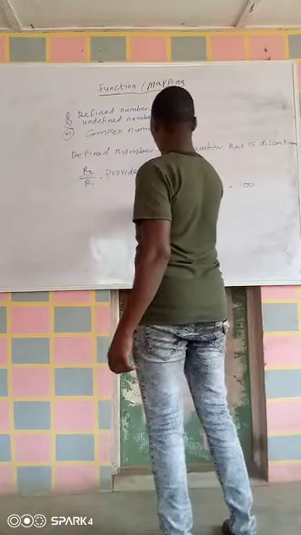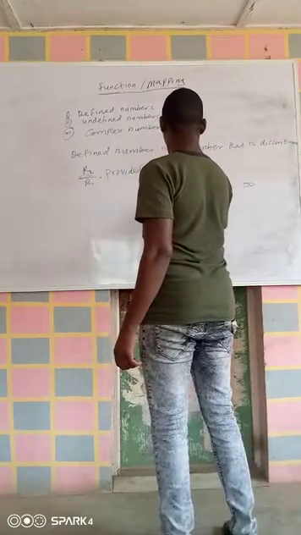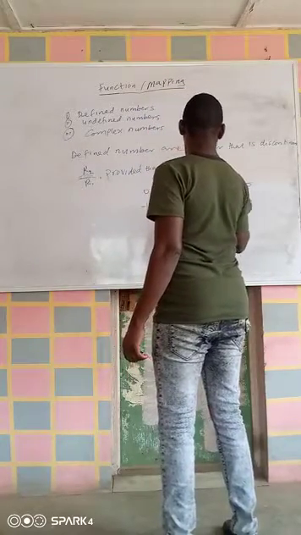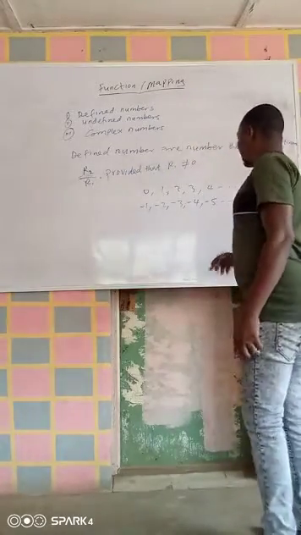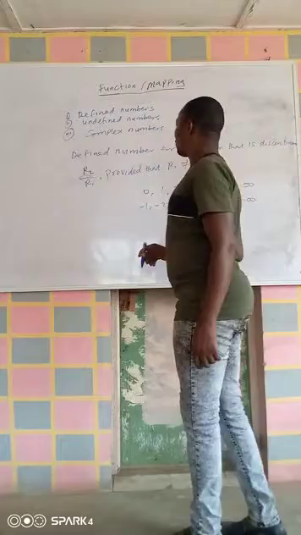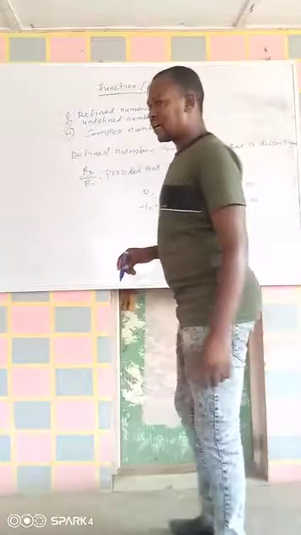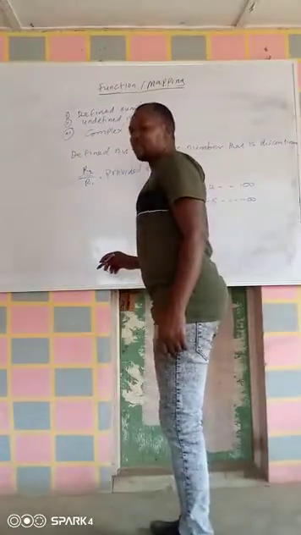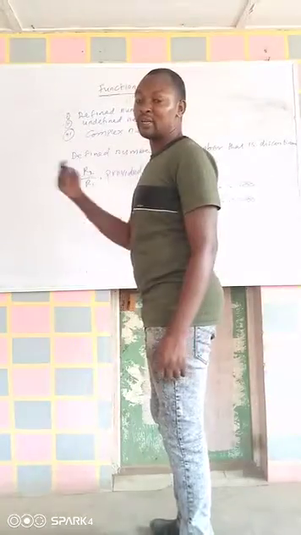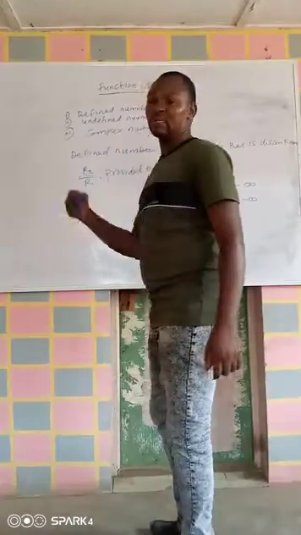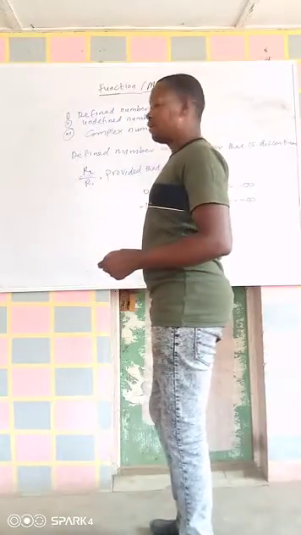You can also have minus 1, minus 2, minus 3, minus 4, minus 5 to minus infinity. So that means we have two types of integer. Don't forget that it is because we need it in this defined operation. That's why we are trying to explain them.